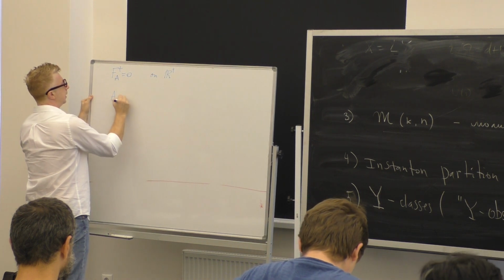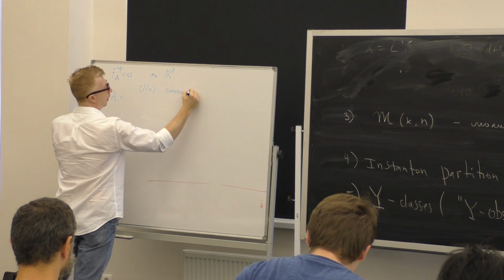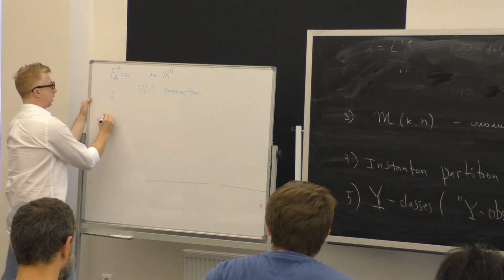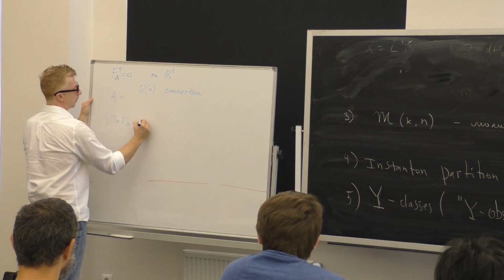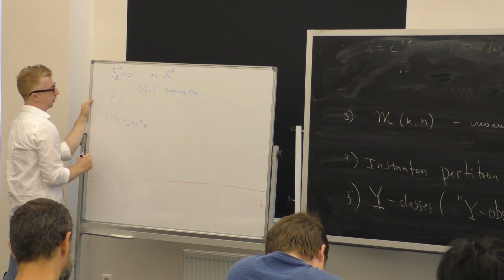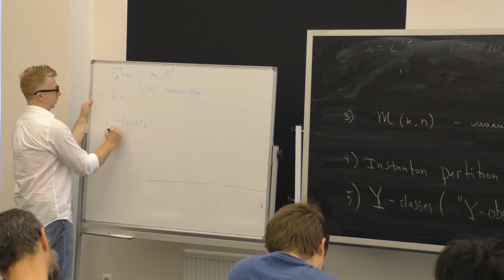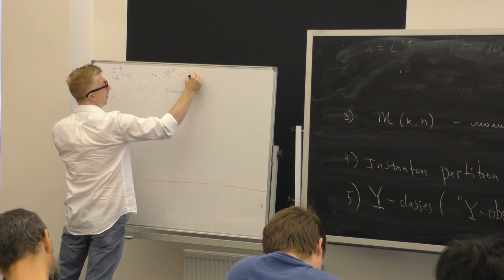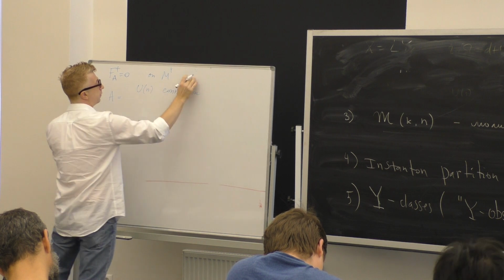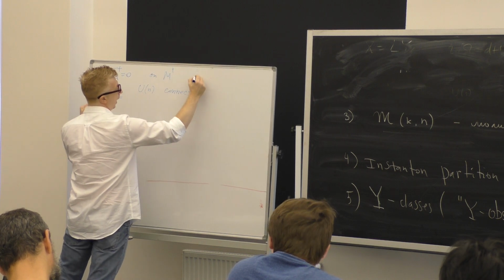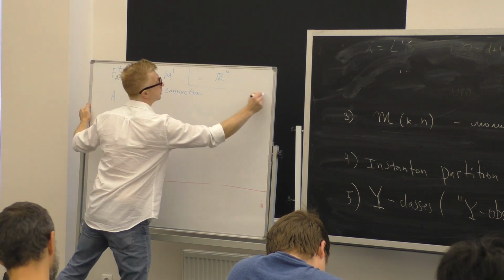So A is a U(N) connection, and I want my solution to be such that the L2 norm of my curvature is finite, where M4 is my four-manifold, which I will eventually take to be Euclidean space.